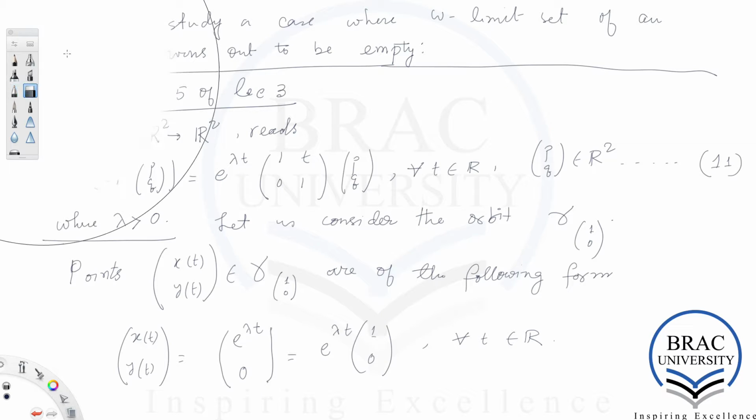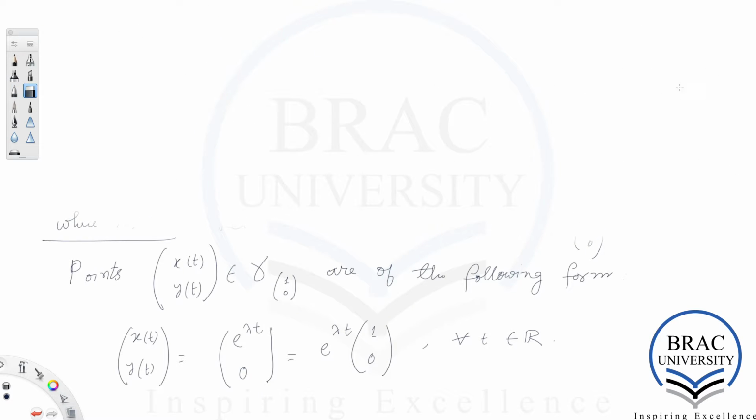Okay, so this is what we get. The points in the orbit are of this form.